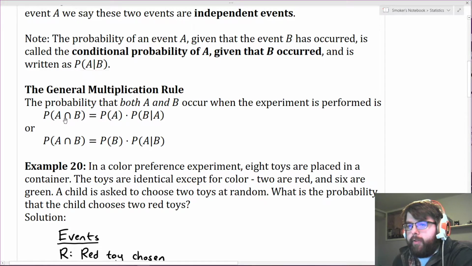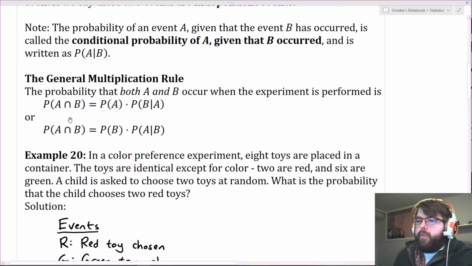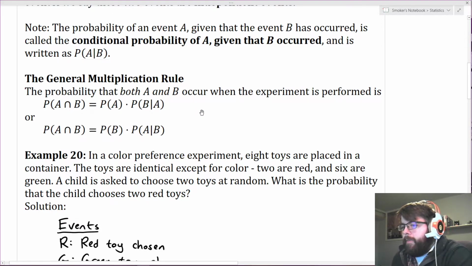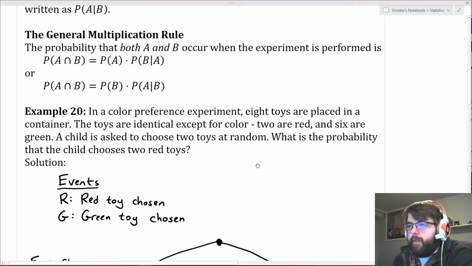So for two things that are dependent on each other, to find the probability that both occur, you need the probability that one of them occurs, and you can see I have it both ways here, and then the probability of the other given that the one occurred. Maybe I should just do the example, because it's going to be similar to what I'm thinking of off the top of my head.